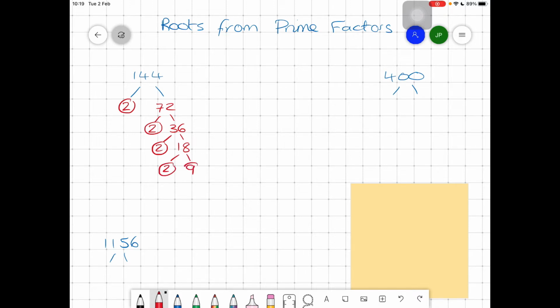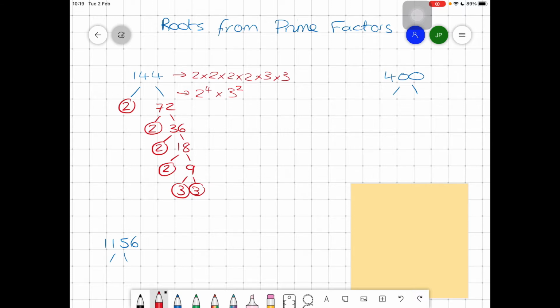So I get to 2 and 9. 9 can then be split into 3 and 3. So we should have our prime factor decomposition as 2 times 2 times 2 times 2 times 3 times 3, 2 to the power of 4 times 3 squared.